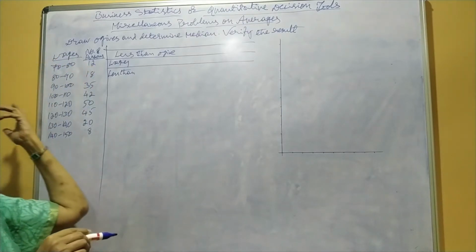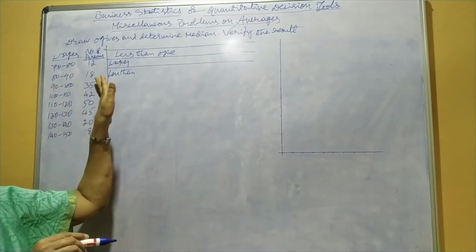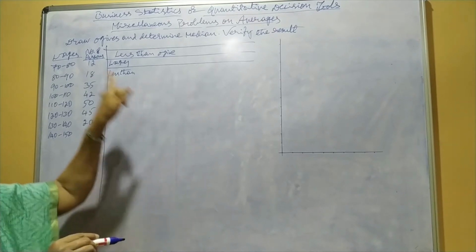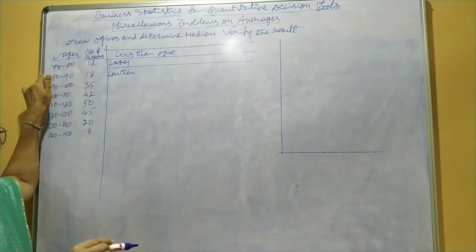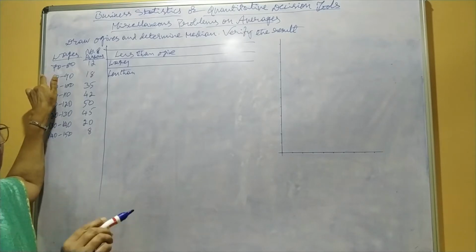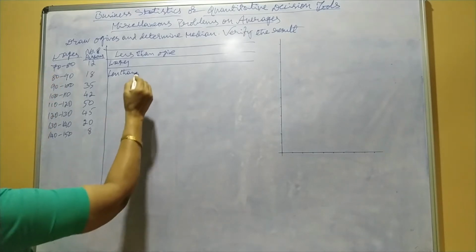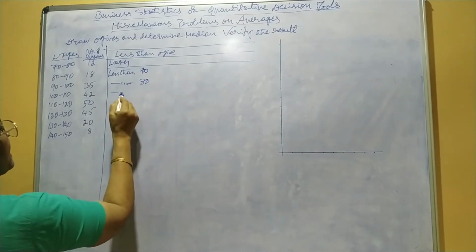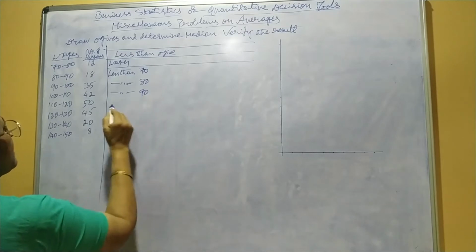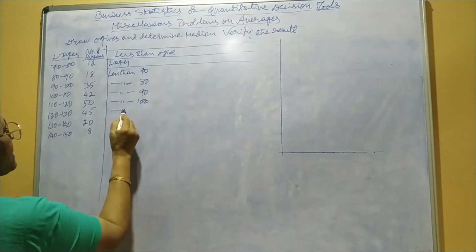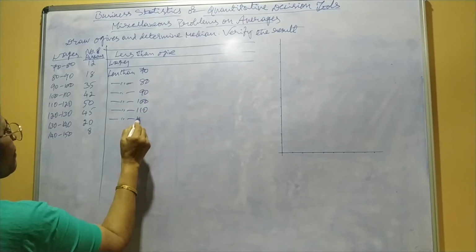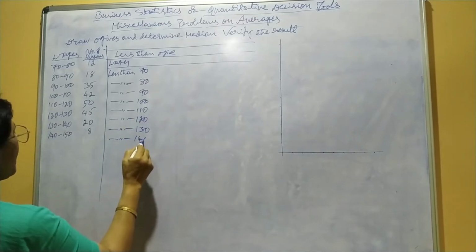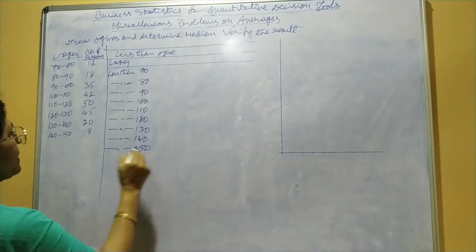So less than 70 rupees, there are no wages, which means that must be 0. Even though it is 0, we have to start from the lower limit of the first class: less than 70, less than 80, less than 90, less than 100, less than 110, less than 120, less than 130, less than 140, less than 150.